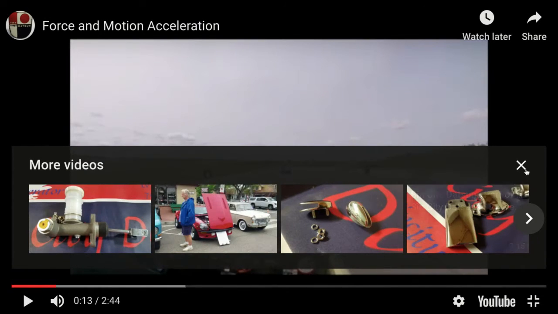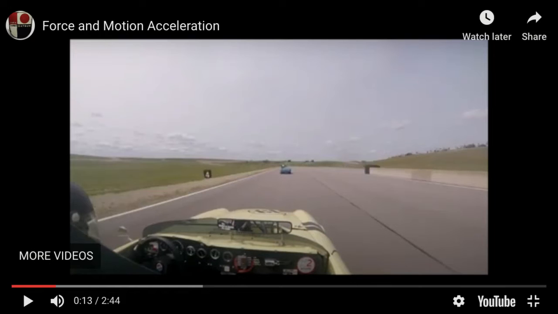So as you see, the vehicle taking the checkered flag and starting at the start-finish line at a constant speed of 110 miles an hour, is the vehicle accelerating? True or false? The car is accelerating as it crosses the start-finish line doing 110 miles an hour, a constant speed.